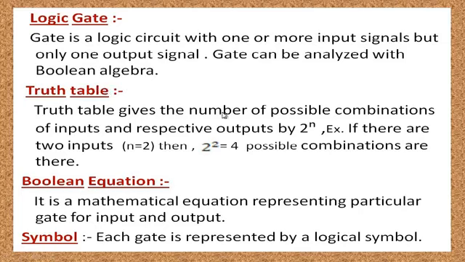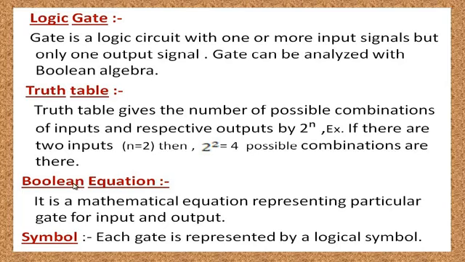A truth table gives the number of possible combinations of input and respective outputs by 2 raised to n. For example, if there are 2 inputs, that is n equal to 2, then 2 raised to 2 is equal to 4. Therefore, 4 possible combinations are there. By using these 4 possible combinations, we can test the particular logic gate.